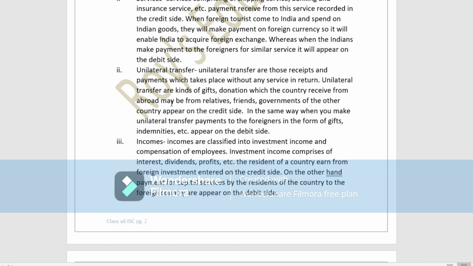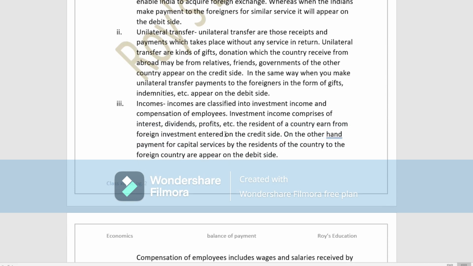Donation means we are willing to give something without any service in return. When we are receiving those gifts from foreigners, it will appear on the credit side. And when we are giving any gifts or donation to foreign countries, that will appear on the debit side.